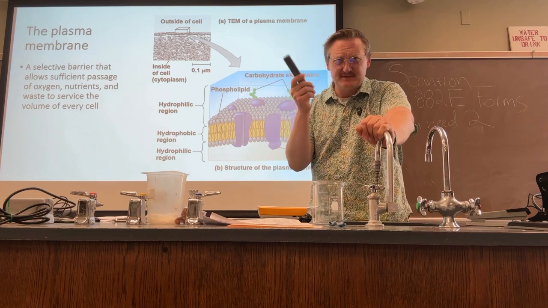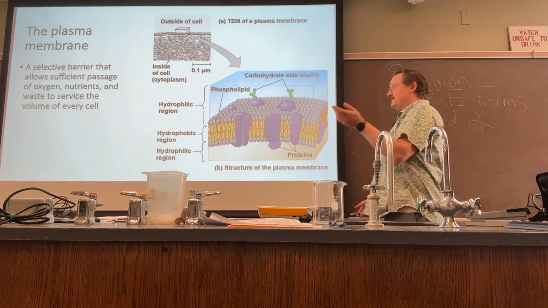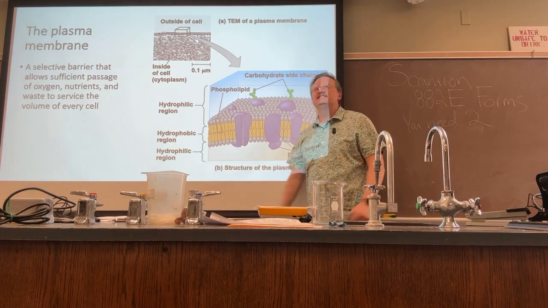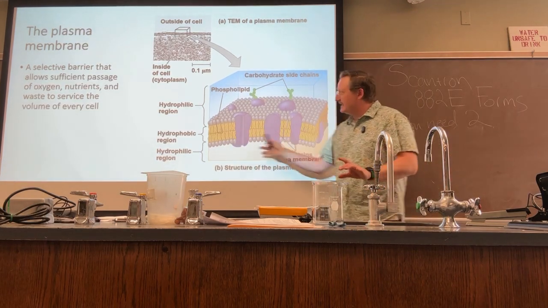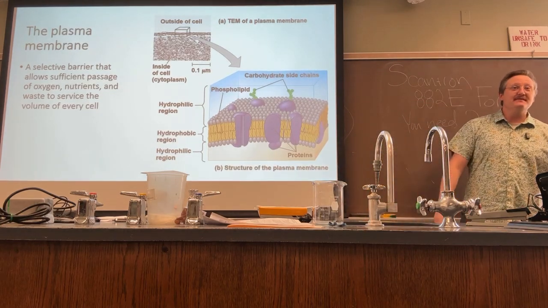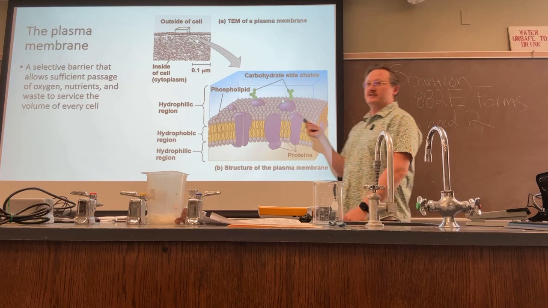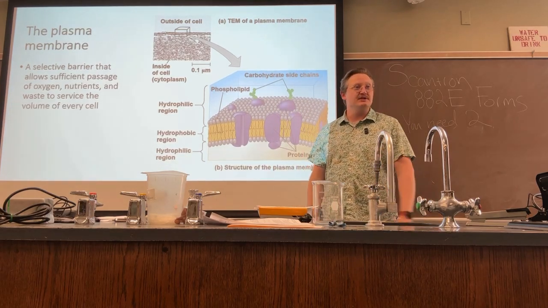Okay, cool. So, the plasma membrane, it is a selective barrier. Certain things can cross it, certain things can't cross it. It's got a phospholipid bilayer. It's got a bunch of proteins embedded in it. Some of these are what we call glycoproteins, proteins with carbohydrates attached to them.